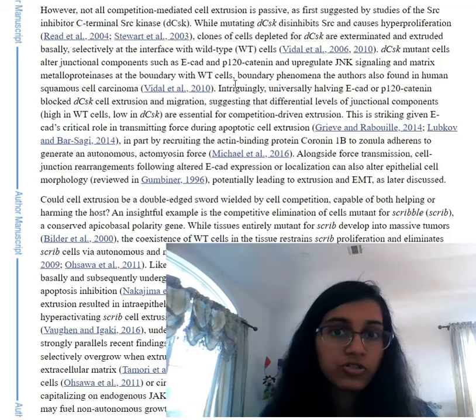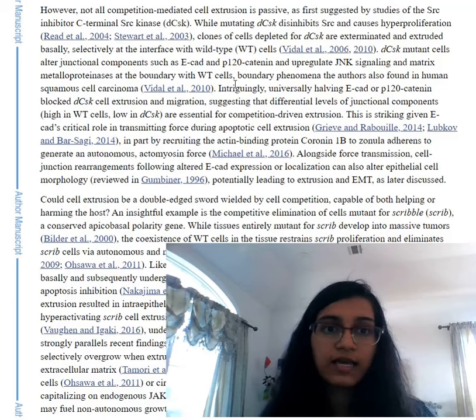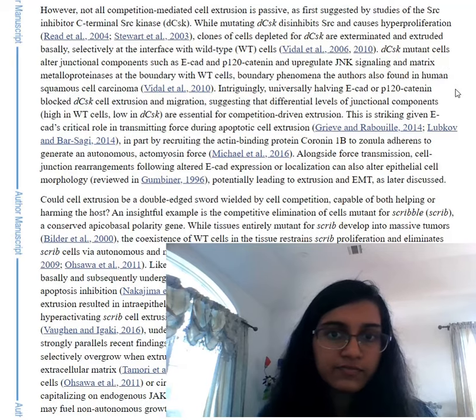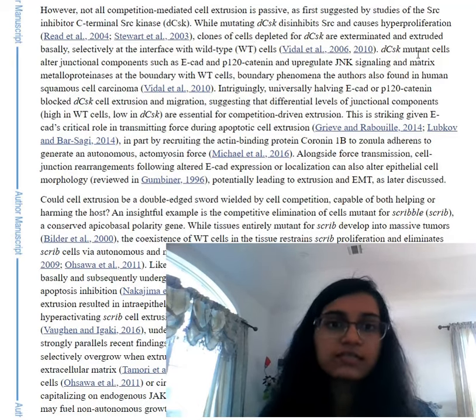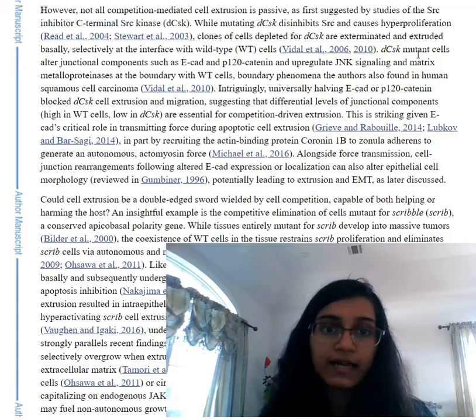Basically, this alters junctional components like E-cadherin, upregulates J and K signaling, and the DCSK mutant cells alter the junctional components like ECAD and upregulate J and K signaling.